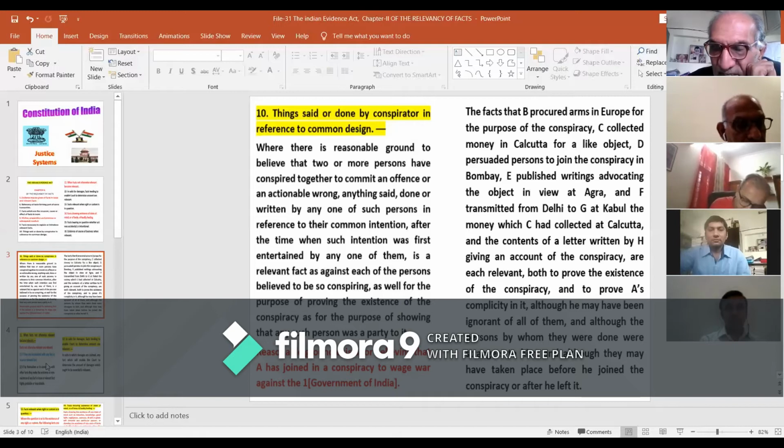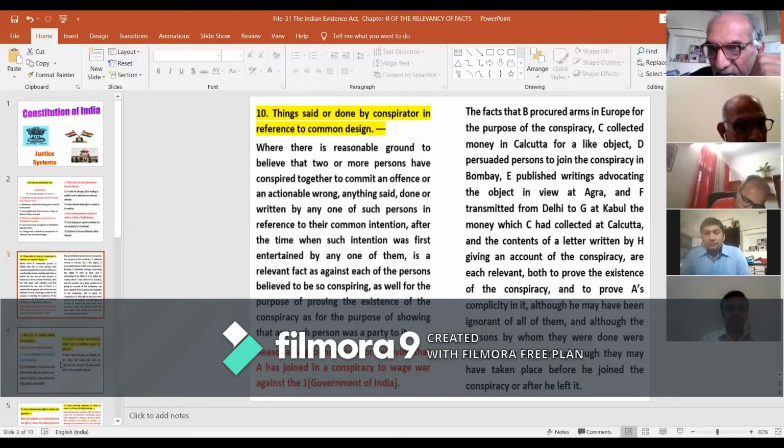So these three ingredients are in fact the prior ingredients for the offense of conspiracy itself. And here what is being said is, when there is a reasonable ground to believe, everything is being taken up from the stage of a reasonable ground to believe. And then on that reasonable ground of belief, the acts done or the conduct and writing by any individual is being made relevant for a wide range of situations.